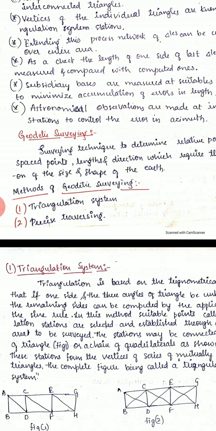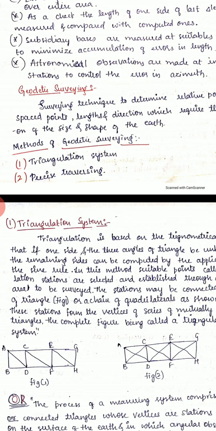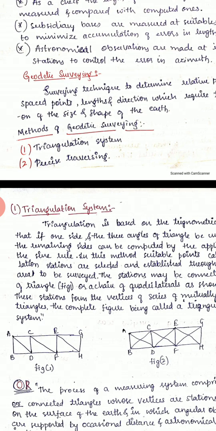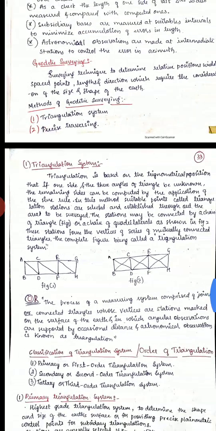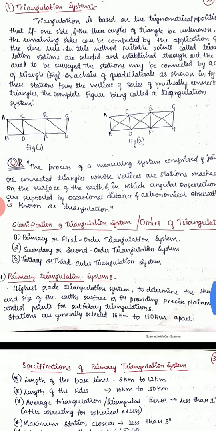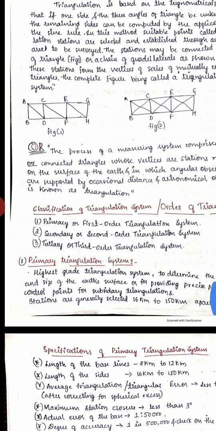As a check, the length of one side of the last triangle is also measured and compared with the computed one. And the last one is, astronomical observations are made at an intermediate station to control the errors in azimuth. Now the classification of the triangulation system, or the order of the triangulation system.